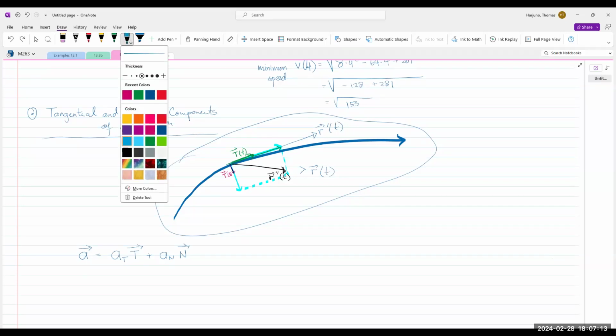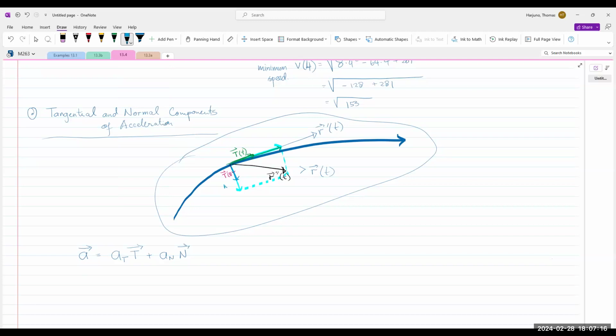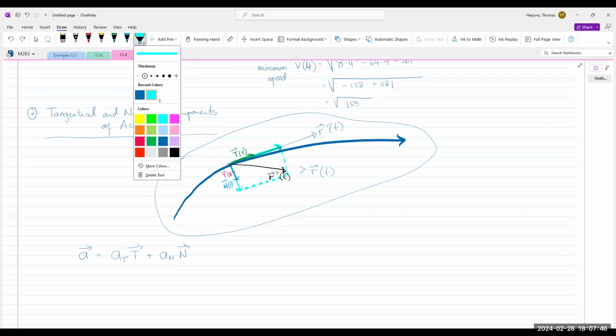Maybe this is our unit normal vector. What we are interested in is, compared to the unit tangent vector, how many times of the unit normal vector is the length of this guy here?